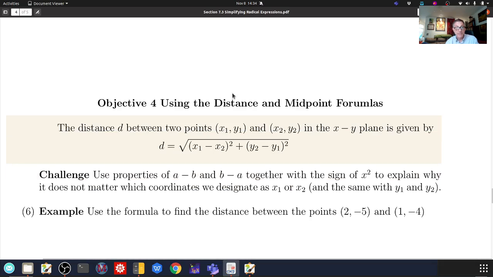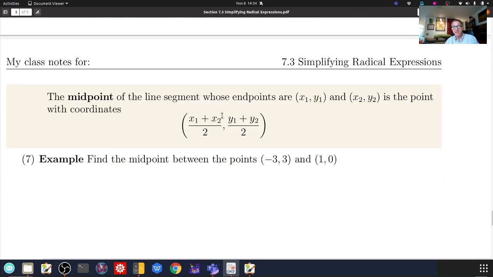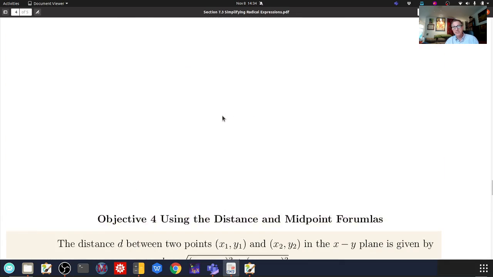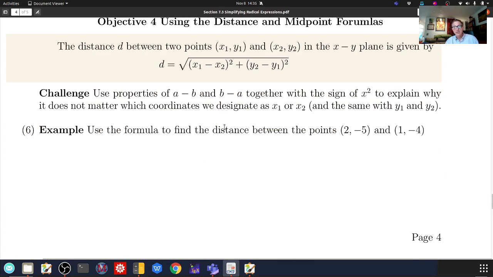Okay, that's it. We don't do the distance and midpoint formulas. That is not part of what we do in intermediate algebra. You'll do that in college algebra. So from here on down, as far as the notes go, you can absolutely ignore them.